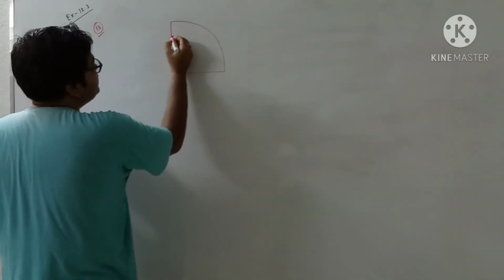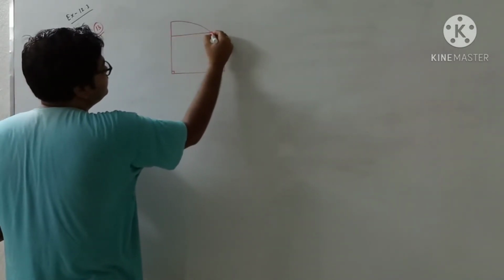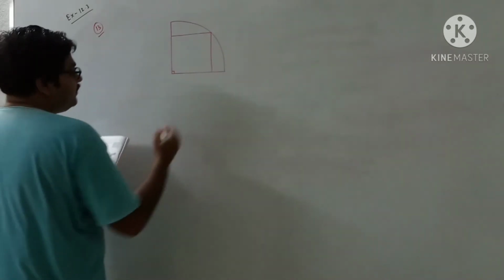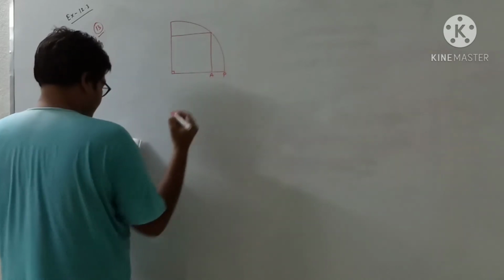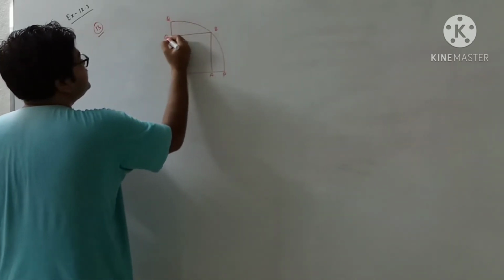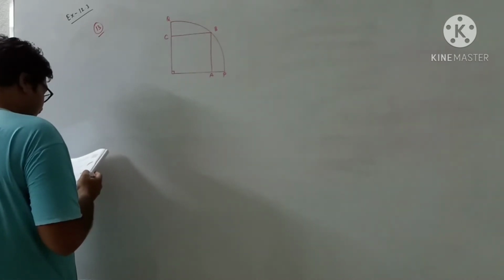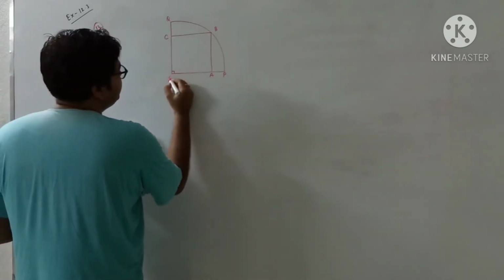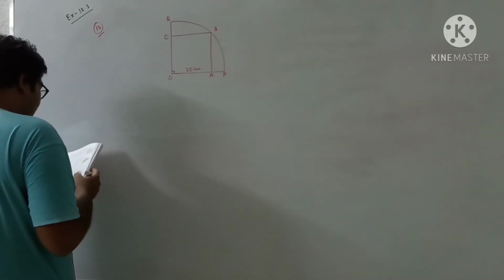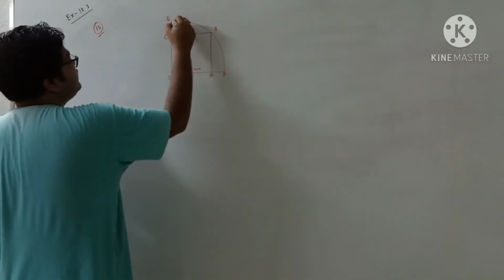A square is inscribed in it, OABC, and OA is given as 20 centimeters. We have to find out the area of the shaded region.